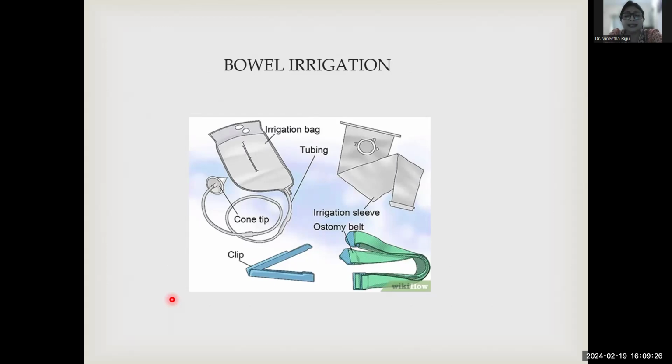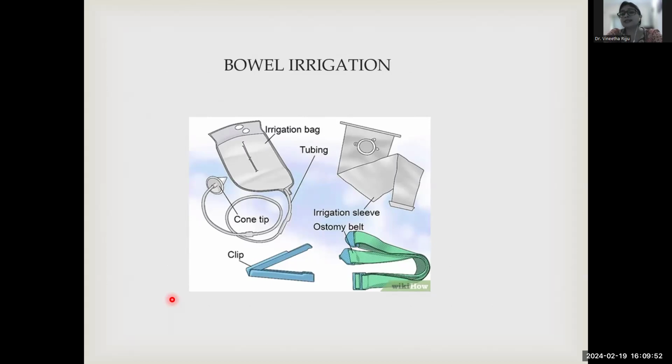I personally know a doctor who was so reluctant, even after his complete chemotherapy and surgery. He was an orthopedic surgeon. He was so depressed because he could not get back to work after his successful treatment because he had a colostomy. And that is when he was introduced to bowel irrigation.